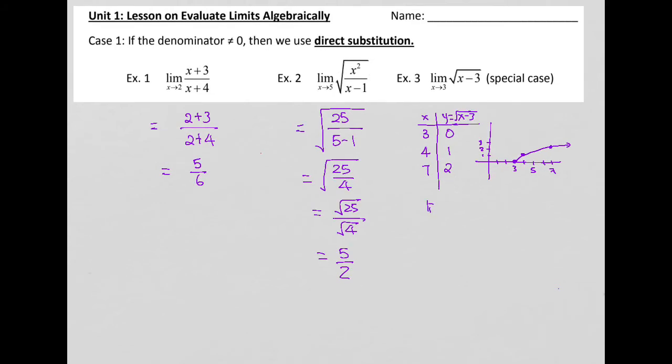So let's write this down properly. When x approaching to 3 on the right, the limit is approaching to 0. When x approaching to 3 from the left, the limit does not exist. Therefore, limit when x approaching to 3, because the right-hand side and left-hand side, they do not approach the same constant, therefore, it does not exist.